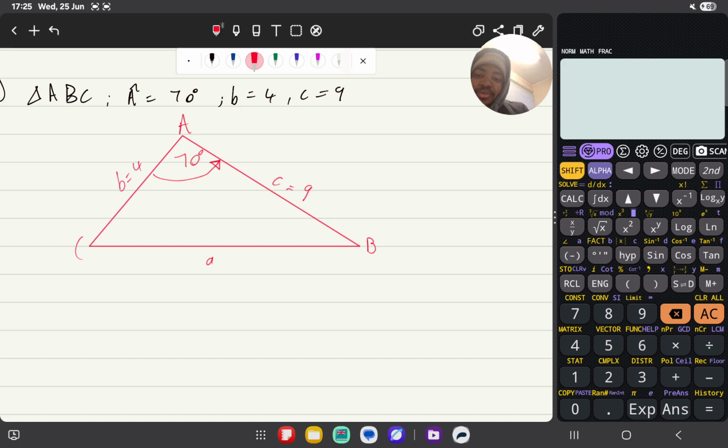You have 70 degrees, which is angle A, and angle A is opposite side a. You have these two adjacent sides and we know their magnitudes, so we just use the cosine rule to find a.